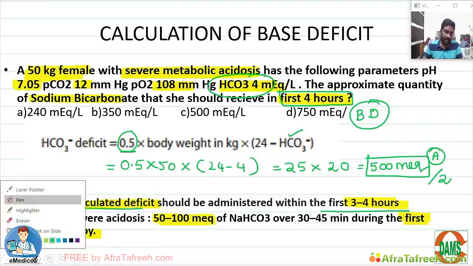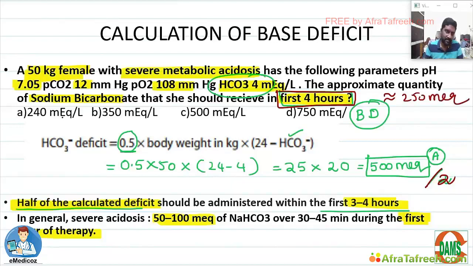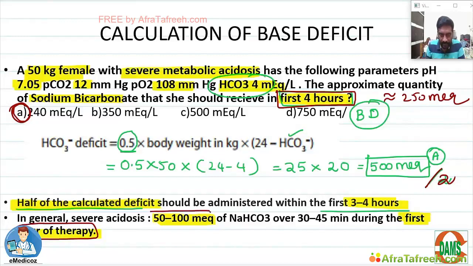I'll just mark it in red. So it should be approximately 250 milliequivalents. So the best answer is option A. But if they ask how much can be given during the first hour, the range is 50 to 100 milliequivalents.